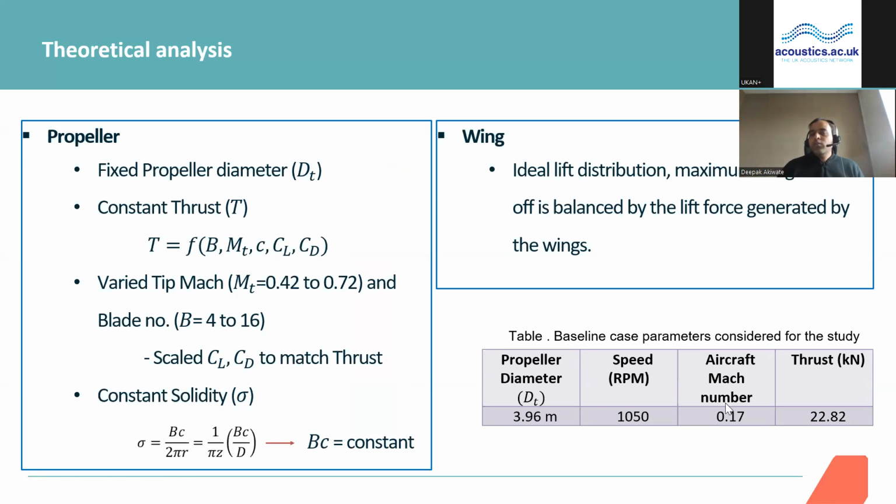For the wing, we assume an ideal lift distribution, and the maximum weight at takeoff is balanced by the lift force generated by the wing. So we assume an idealistic wing, and we again change the blade number and the tip speed on the propeller, and we change the separation distance between the propeller and the wing, and we check how the individual noise source mechanisms emerge as the dominant source mechanism.